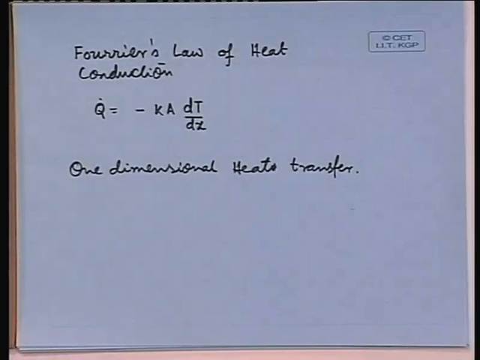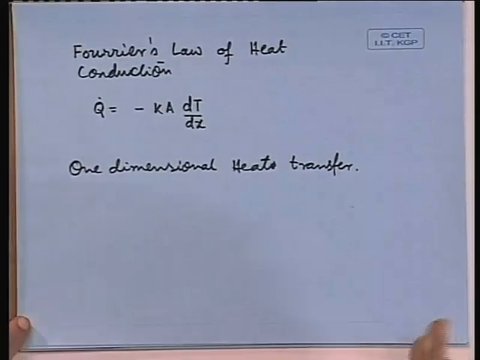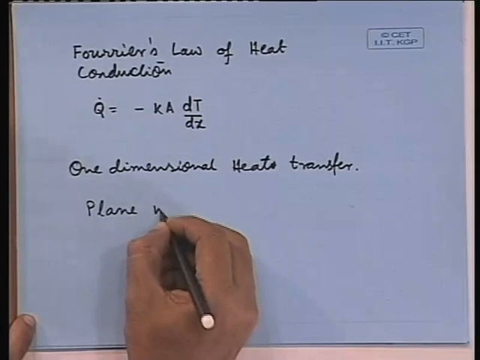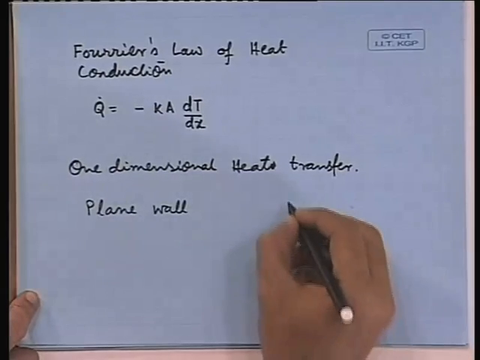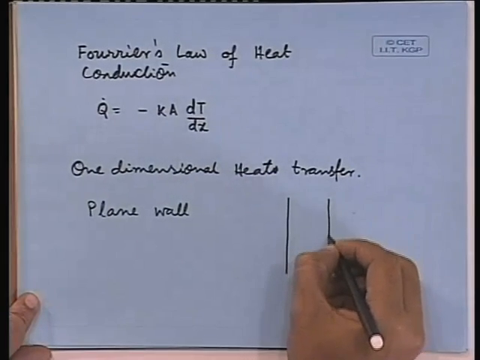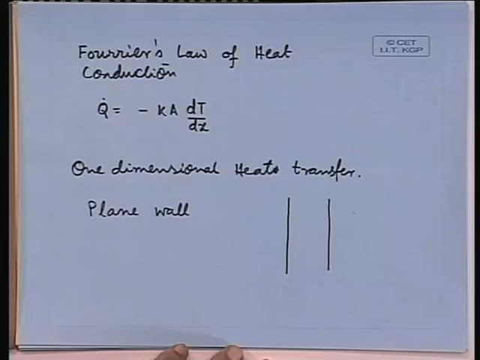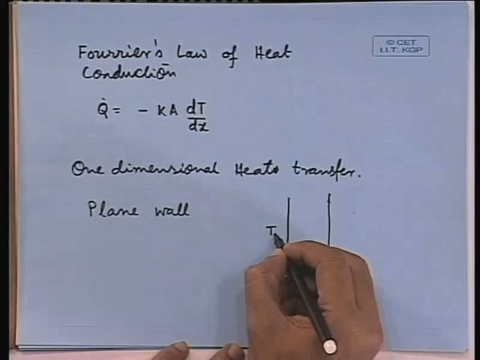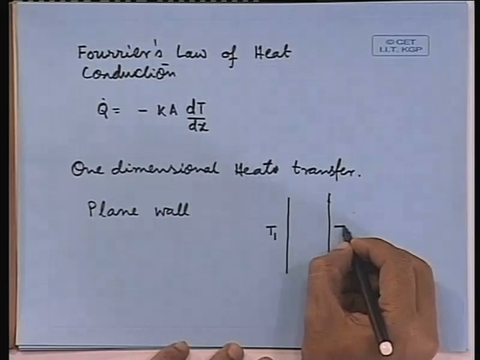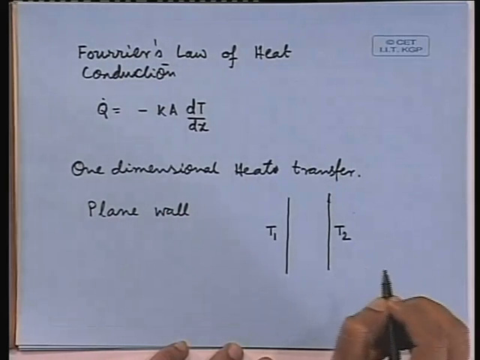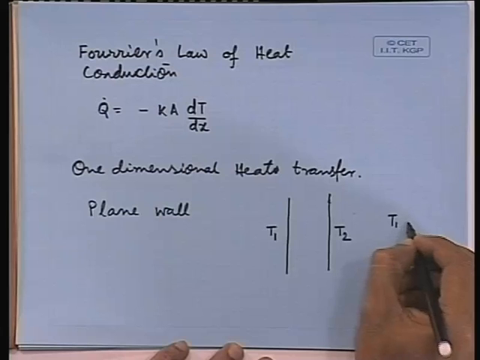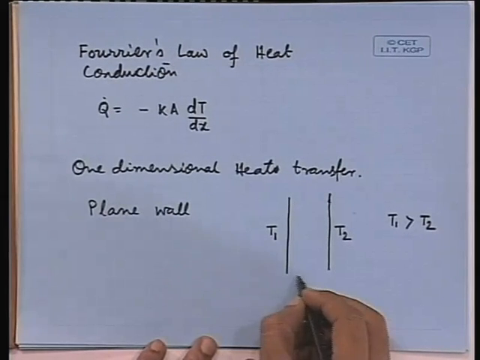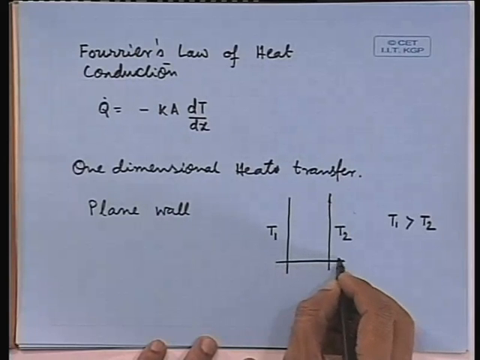Now, we can take different cases. So, plane wall, we have already discussed it. In the case of plane wall, this is the situation. One wall is at a temperature T1 and the other wall is at a temperature T2, and let us say in our convention T1 is greater than T2, and then heat flow will take place in this direction.